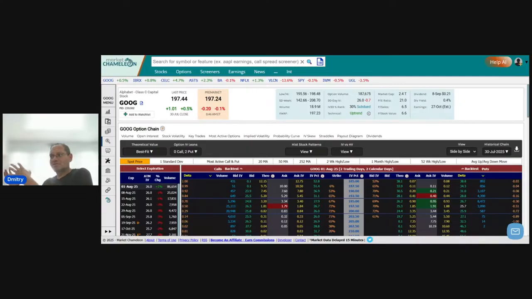So you have an option price, you put it into an option pricing model, you put in the different factors of the option, like days to expiration and the strike price, where the stock price is, the dividends, the interest rates. You put all that into that model, and it gives you an implied volatility.